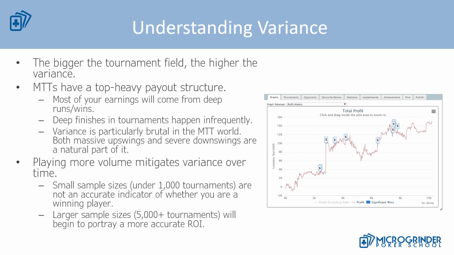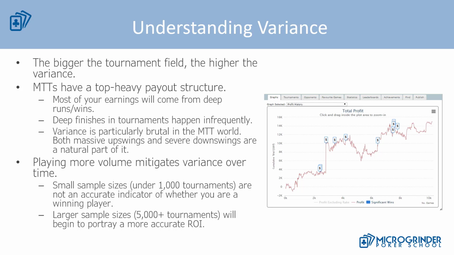And in terms of the kind of numbers you need for an accurate sample size, anything under 1,000 tournaments is pretty irrelevant, to be honest. Variance is just so big. Unless you're playing small fields, maybe tournament fields with like 50 to 200.